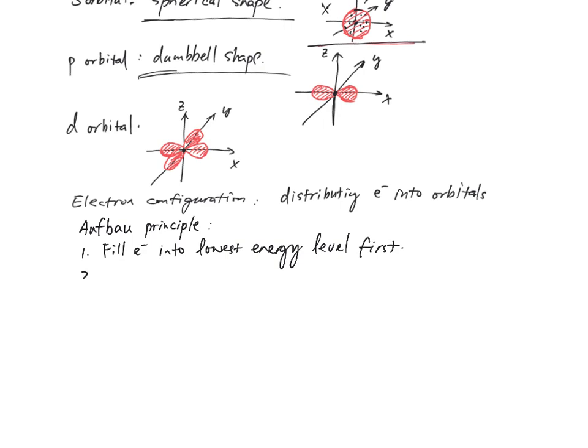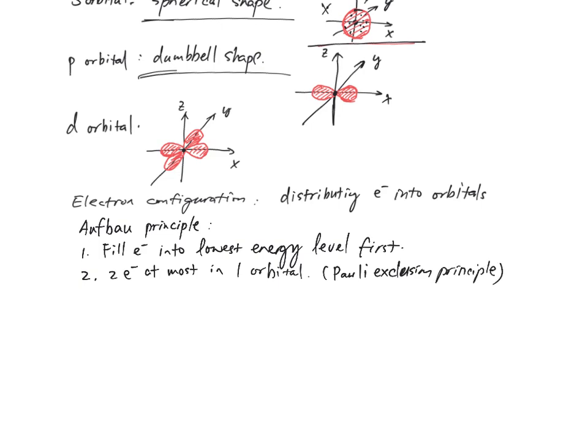Number two, two electrons at most in one orbital. This particular rule is also called the Pauli exclusion principle.